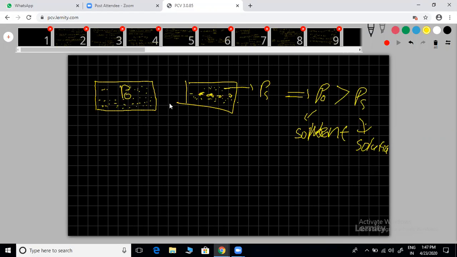See, I'm going to calculate here. A solution means you have solvent and solute. I'm assuming A is the solvent, as already discussed, and B is the solute. The vapor pressure of the solvent equals the mole fraction of solvent times P naught A.